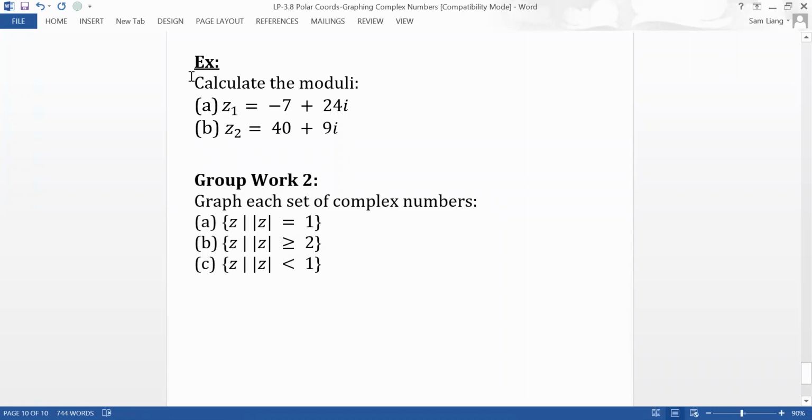Yeah, so take a minute to do that. You want to be able to go over all the questions. So see if you can solve these.